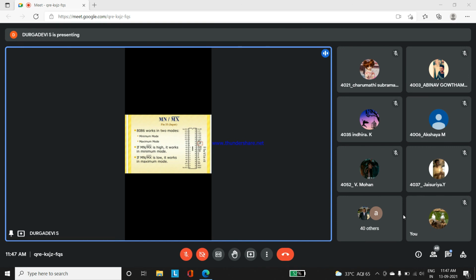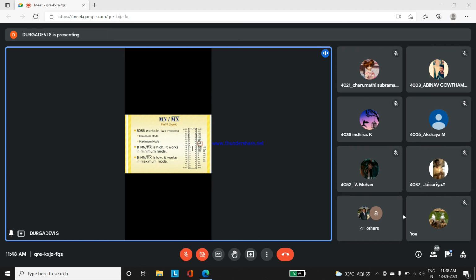So, for example, it is a minimum mode operation. Suppose in your system you have more than one 8086, or one 8086 and one co-processor 8087. If you have more than one processor in your system, it is called maximum mode. So MN is active high, MX is active low.